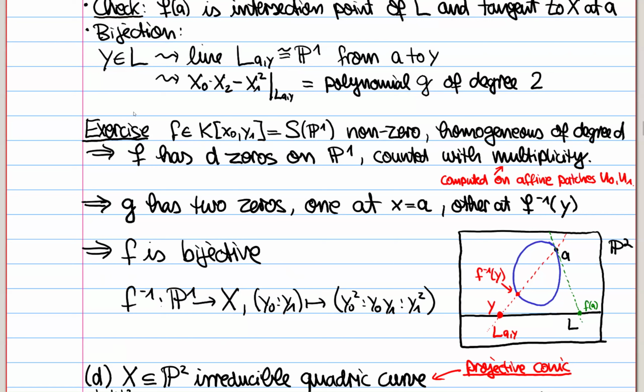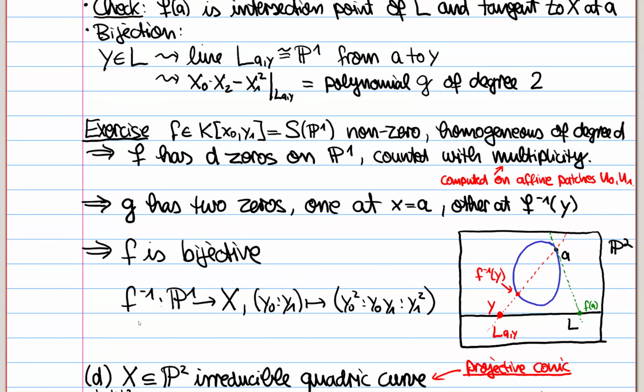So if this was too nebulous for you, you can also just write down this map here and then show that if you compose it with f in the two different directions, you get the identities. Okay, that's the other possibility to see that f is bijective.